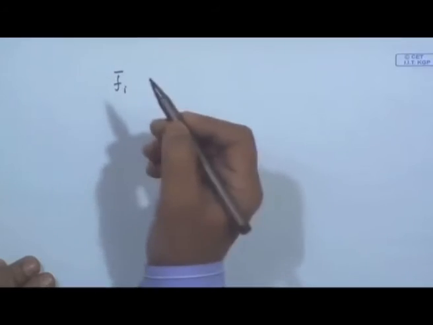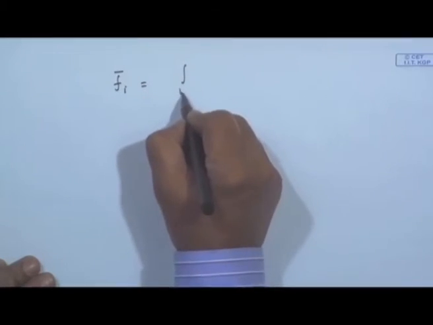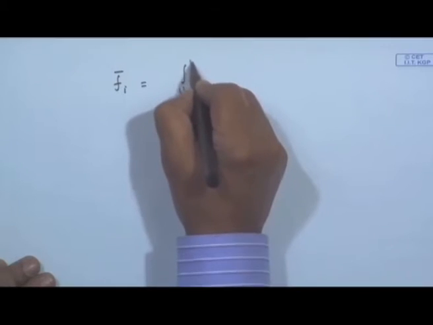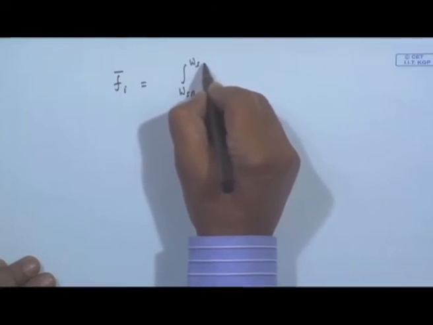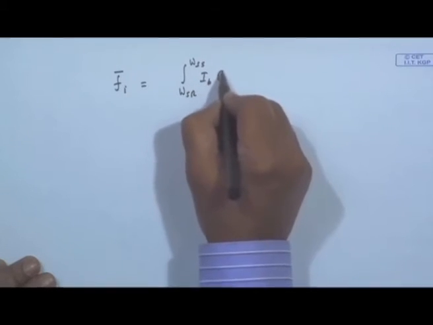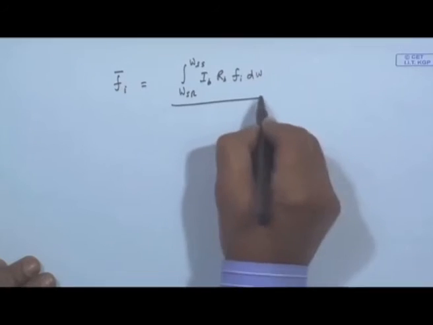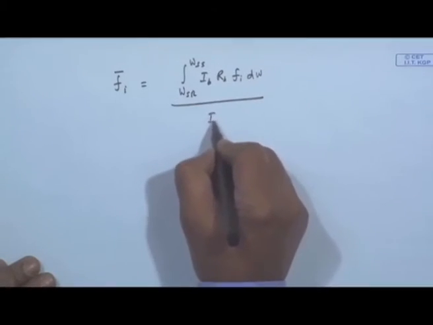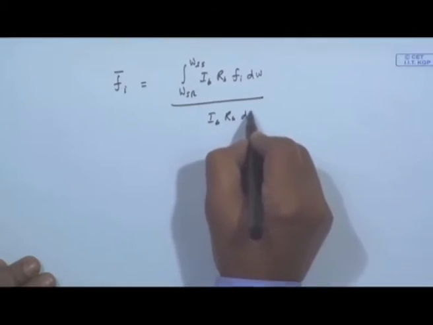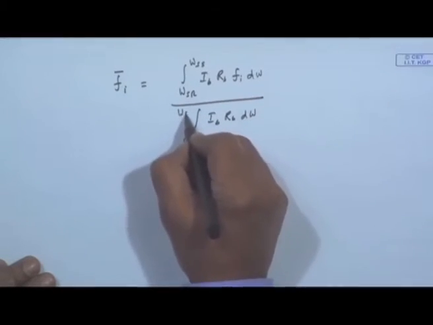So, average or daily value again has been calculated like we do for the tilt factor for direct radiation: integral of IB, RB, Fi d omega upon integral of IB, RB d omega, from omega SR to omega SS.